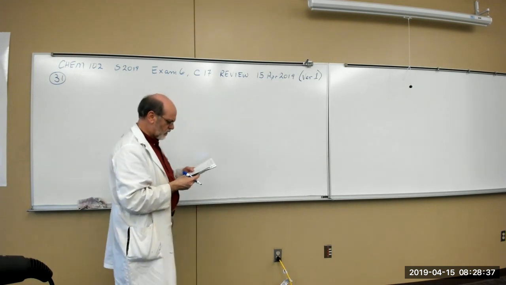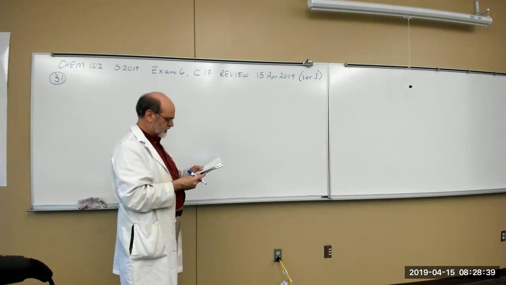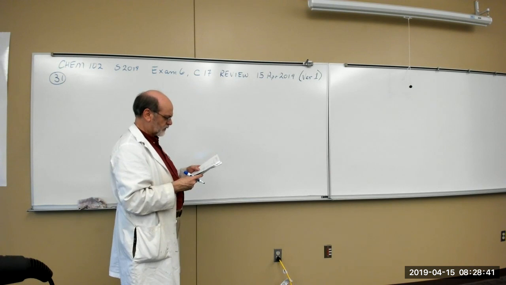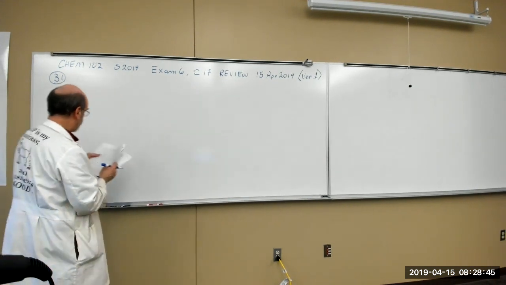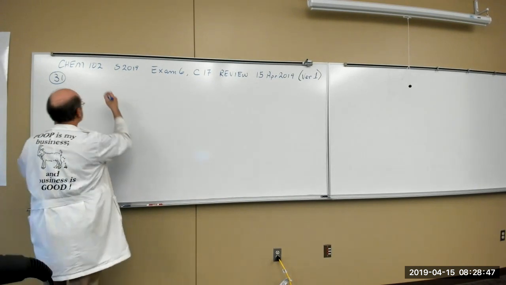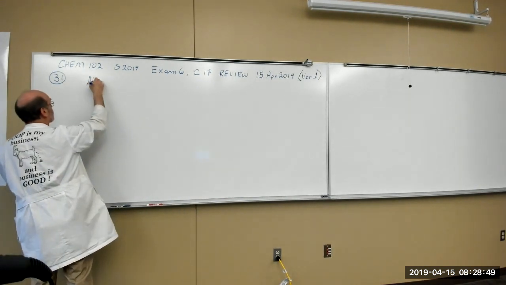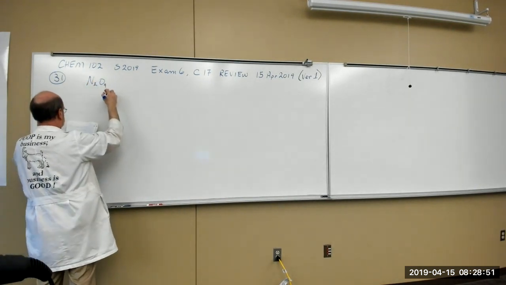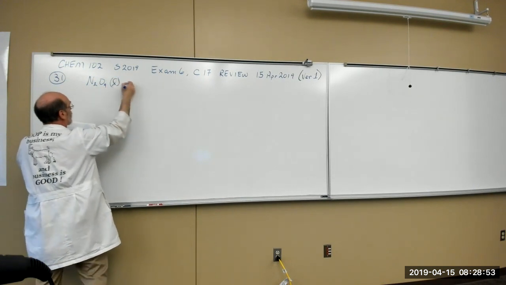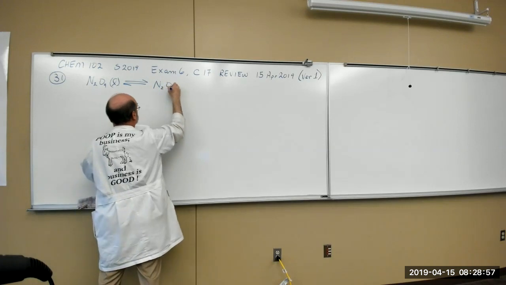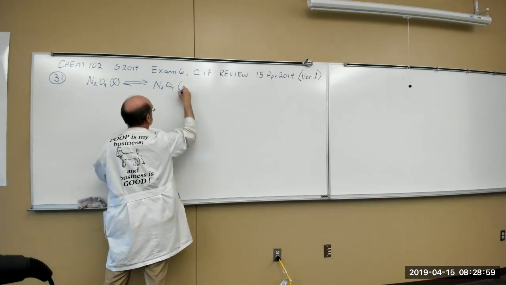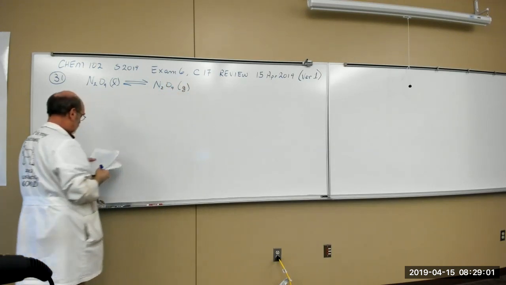And then we want to know at what temperature the vaporization of N2O4 liquid is spontaneous. Okay, so here's the reaction that we're interested in. We're looking at vaporization of this liquid to that gas.